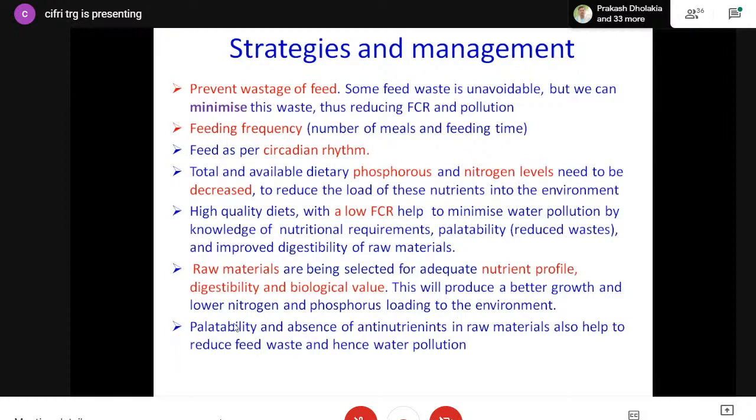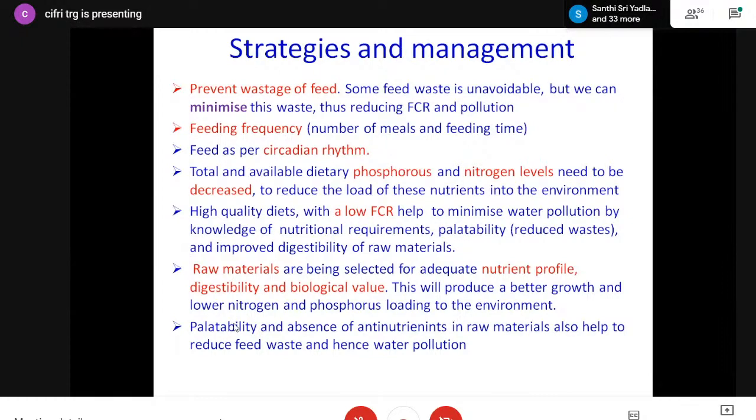Then we should split the total ration into different portions, so we should have frequent feeding. We have observed that if the frequency is more, it ensures better growth.